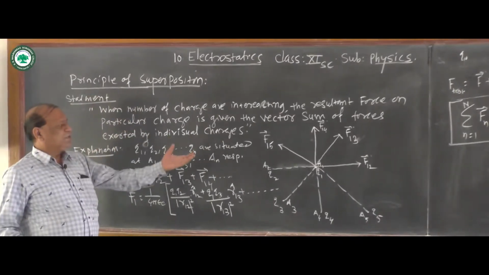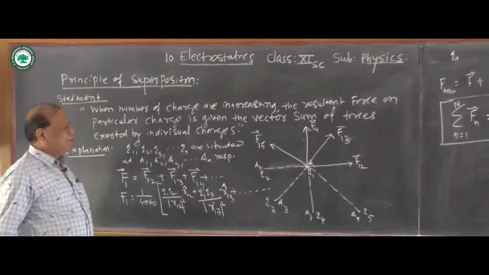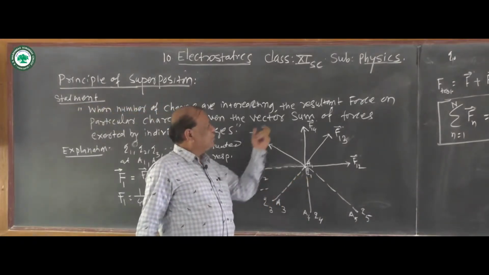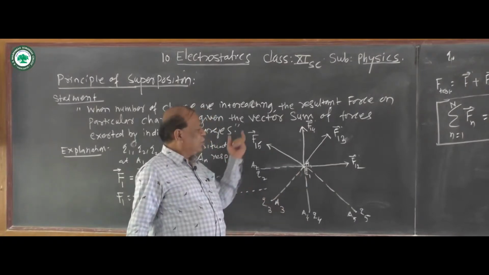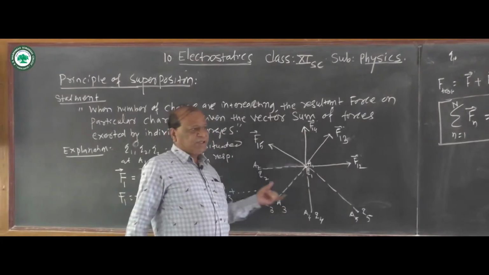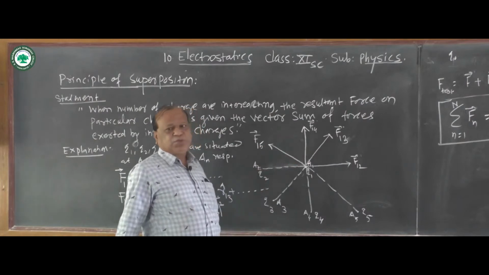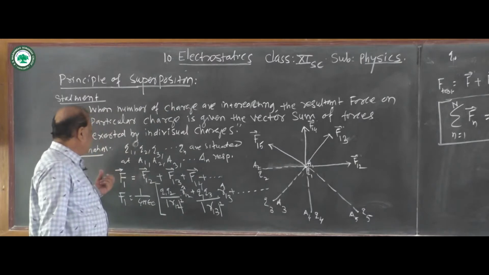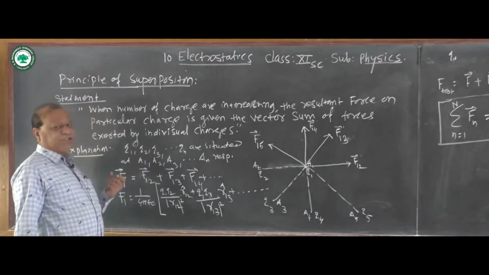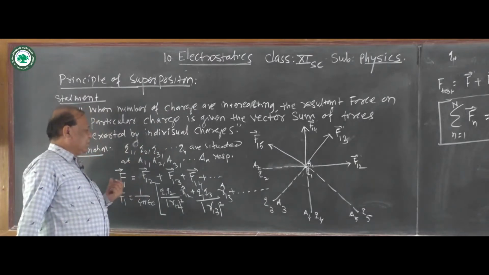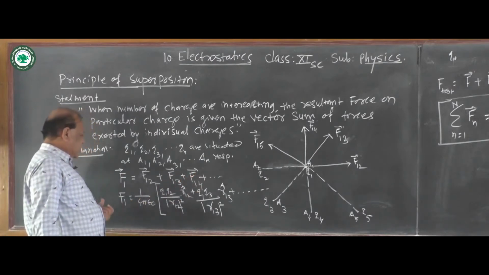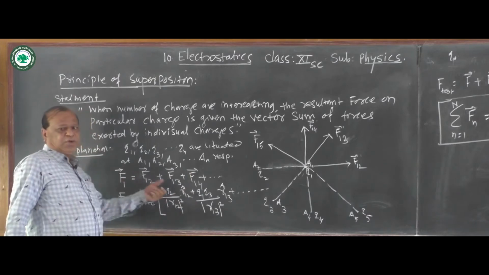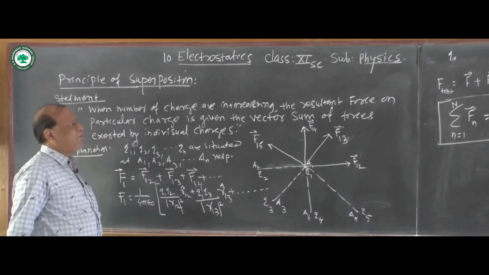And now, considering that figure, a particular charge Q1 and the forces produced by the charges Q2, Q3 and so on, the force acting on this charge Q1 is given like this and can be written with the help of Coulomb's law in vector form.